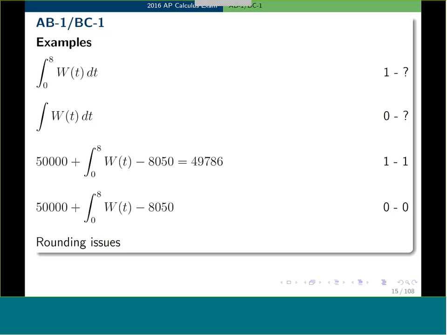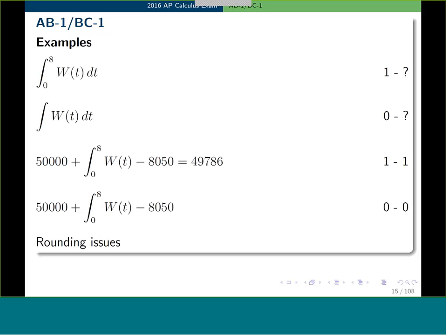That's worth 2 points. Now contrast that with the next example. If a student writes the integral from 0 to 8 of W of t minus 80/50, we don't know where that dt lies. It's ambiguous, inconclusive. That, unfortunately, is worth 0 points. They don't get the integral point. They do not get the estimate point.